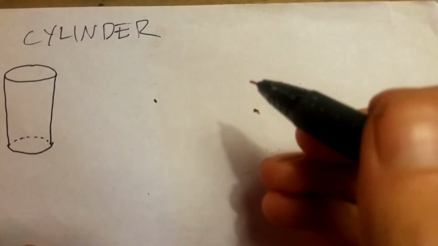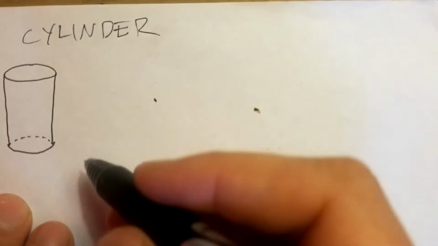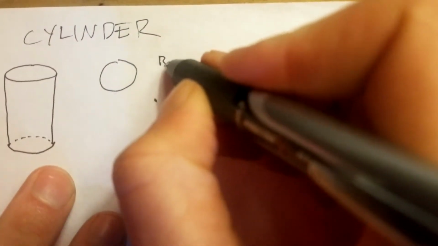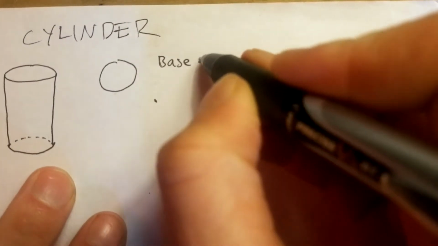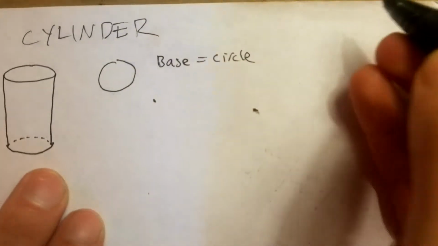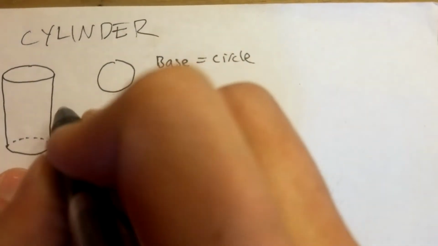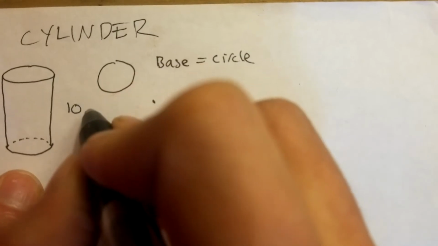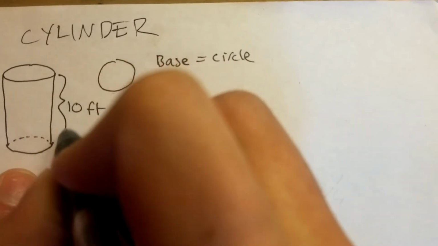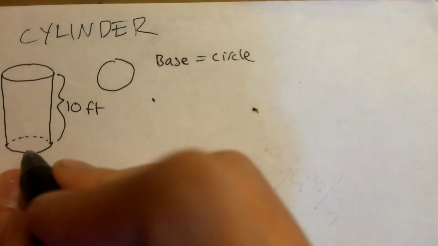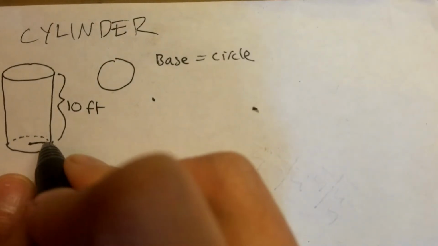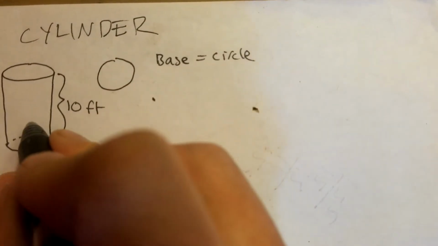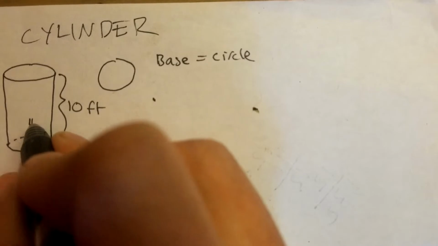So now we want to find the volume of a cylinder. This cylinder has a base that's a circle. So we know, for instance, that its height is 10 feet. It's a big cylinder. And we know that the base has a radius of, let's say, 4 feet.